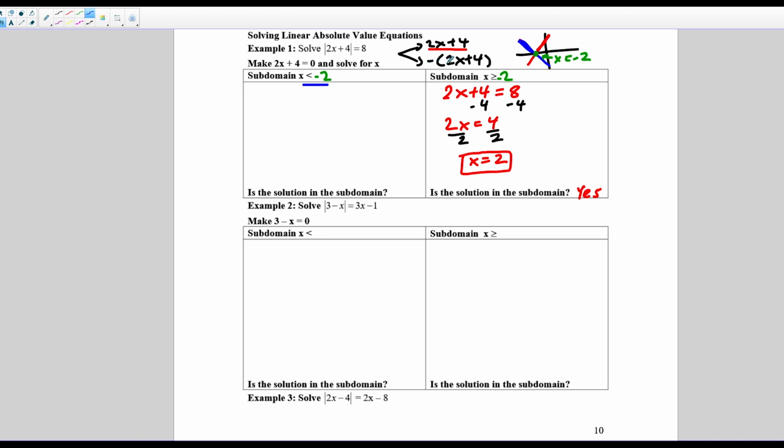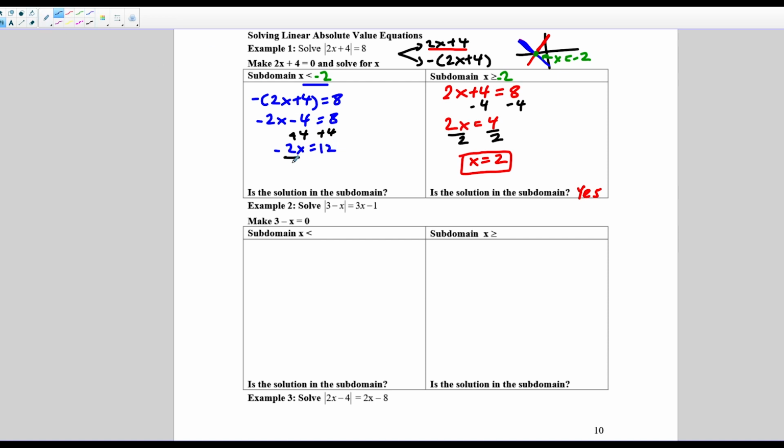So we get -2x plus 4, and we're going to set that equal to 8. Let's go ahead and distribute that negative to everything on the left-hand side. So we get -2x minus 4 is equal to 8. We can add 4 to both sides, and we get -2x is equal to 12.